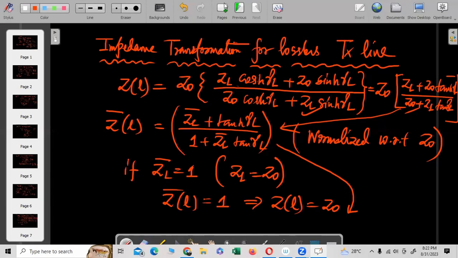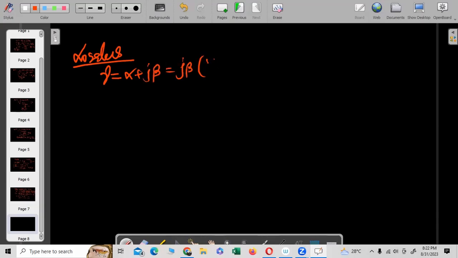One second. Another page. Okay, for lossless we are doing. So lossless means what? Gamma is alpha plus j beta. Already I told, it is nothing but j beta, since alpha is equal to 0.